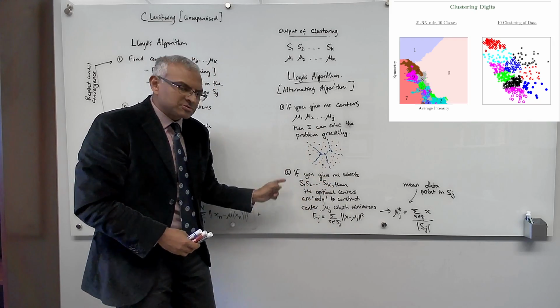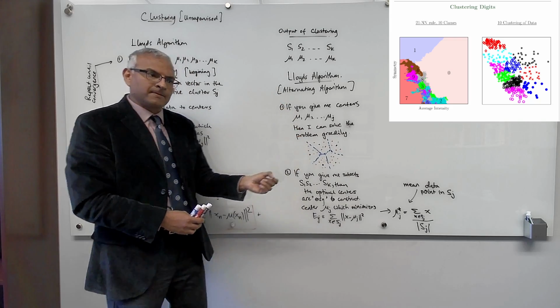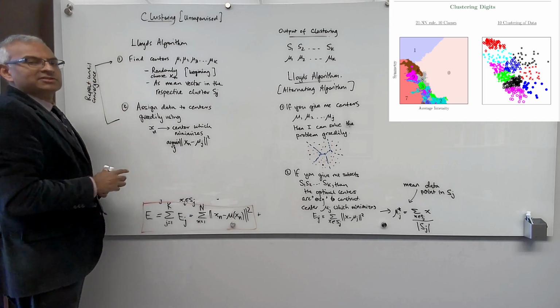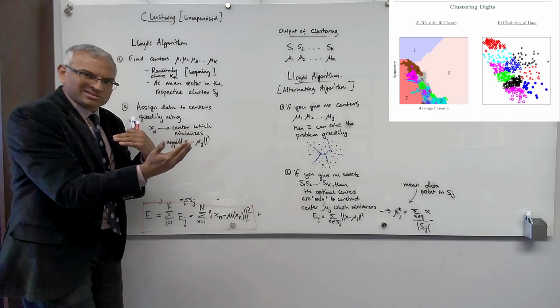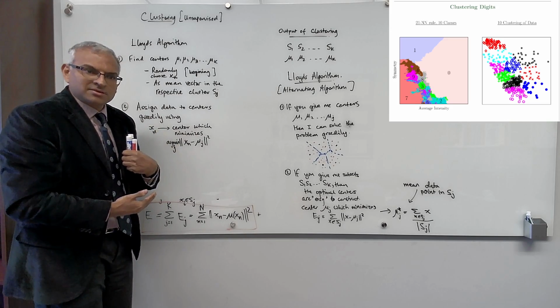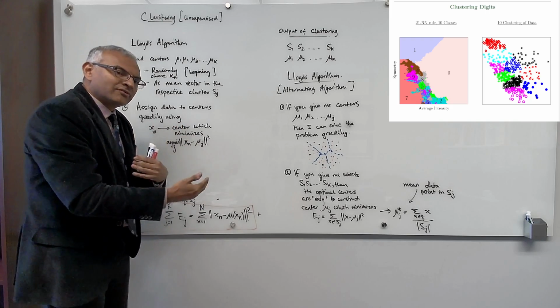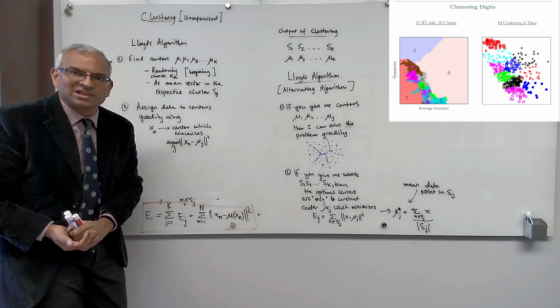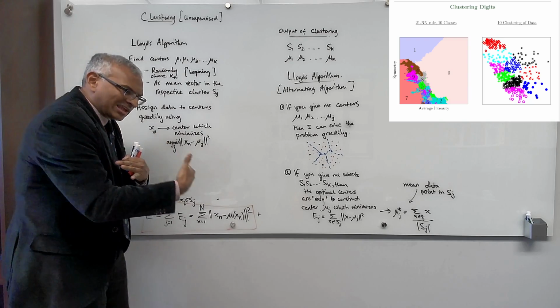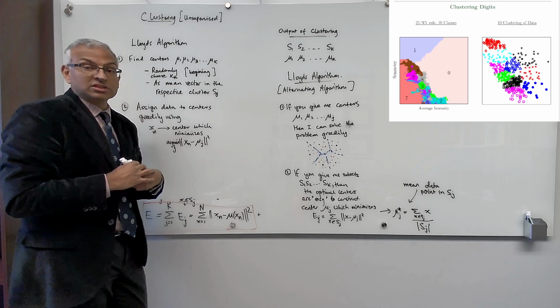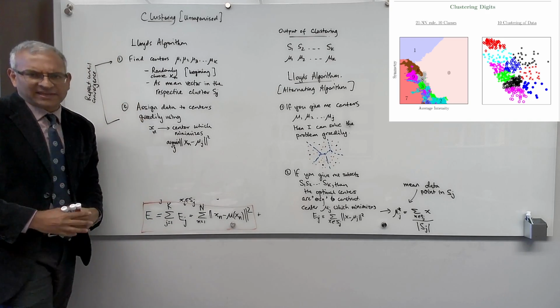So every step here strictly decreases the error. So every time the clustering changes, the error strictly decreases. And the error cannot strictly decrease forever because there are only a finite number of clusterings. So eventually you have to hit the bottom. So this algorithm is guaranteed to converge after some finite number of iterations.